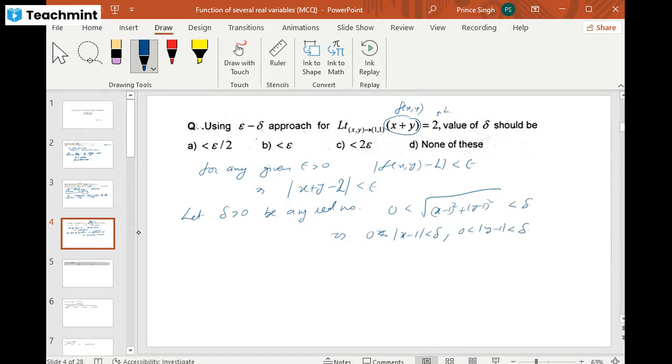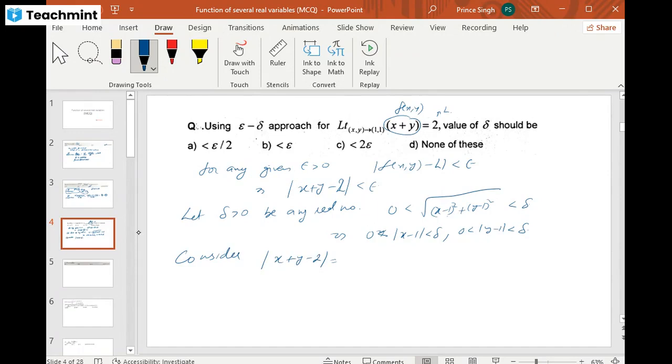Because if this factor is 0, it means mod of y minus 1 is less than delta. If x minus 1 is 0, it means y minus 1 is less than delta. So with the help of these three conditions, I want to establish a relation between delta and epsilon. For that, we consider mod of x plus y minus 2.